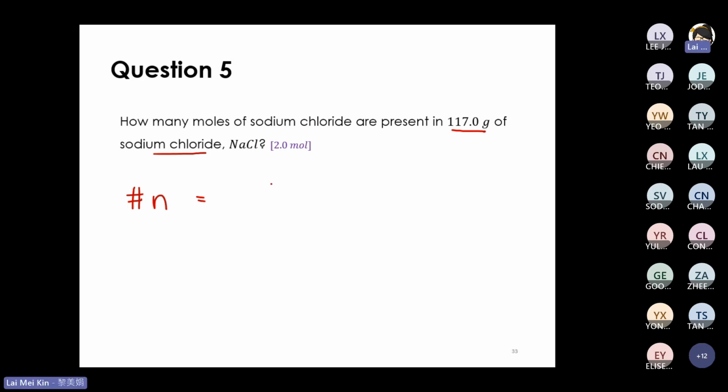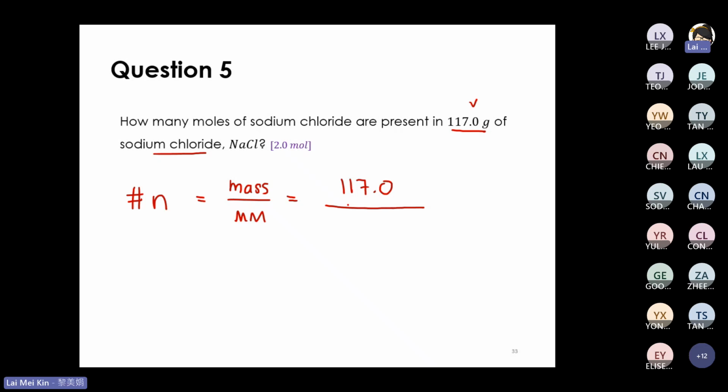So how do you solve this? What is it that you use? Number of mole, how do you calculate number of mole? Mass over molar mass. Okay, so the mass that you have, is it in gram? Double check. It must be in gram, divided by molar mass.